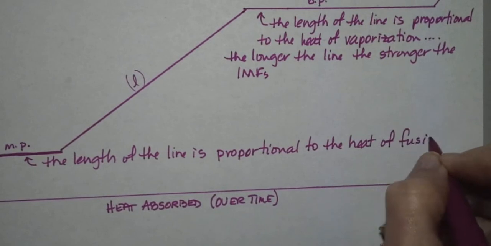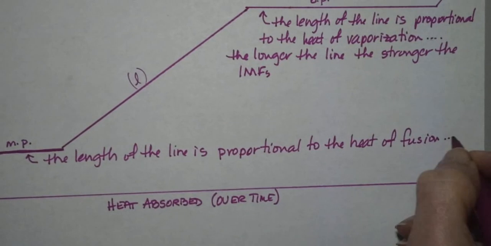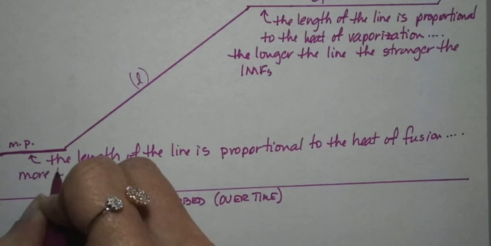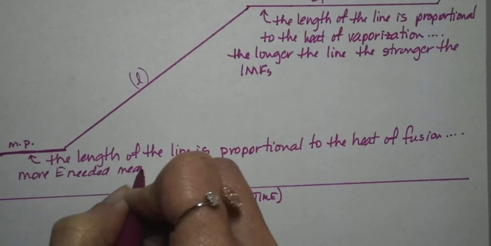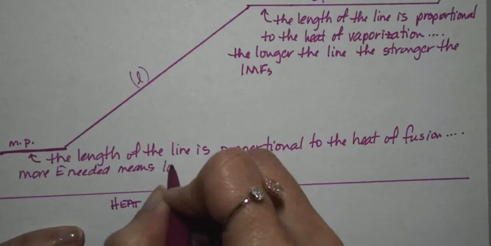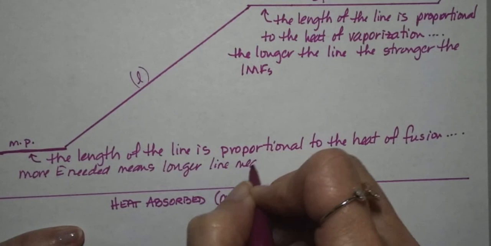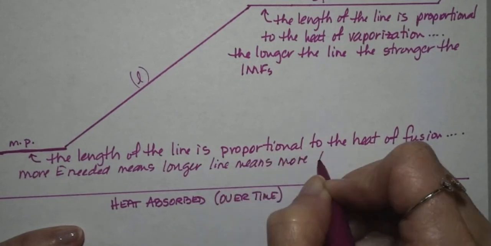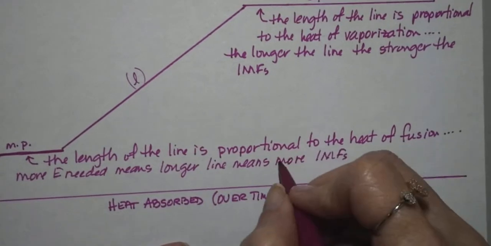The more energy needed means a longer line, the greater the IMFs. And when I say more IMFs, I should say stronger IMFs.